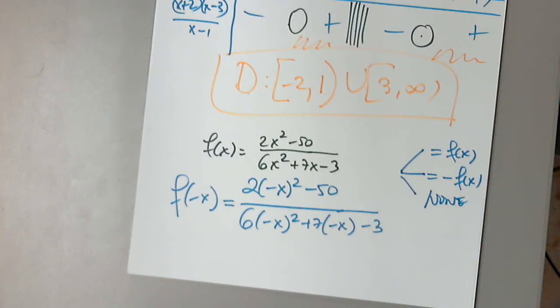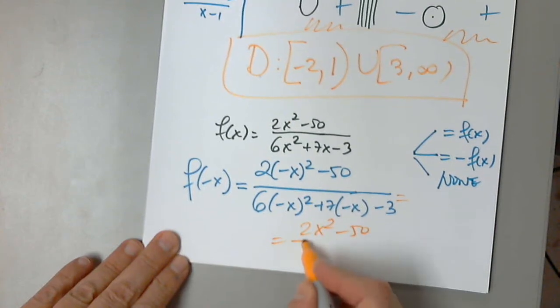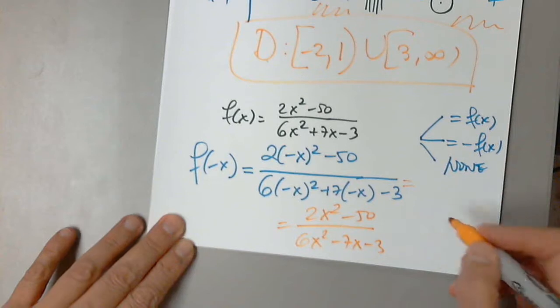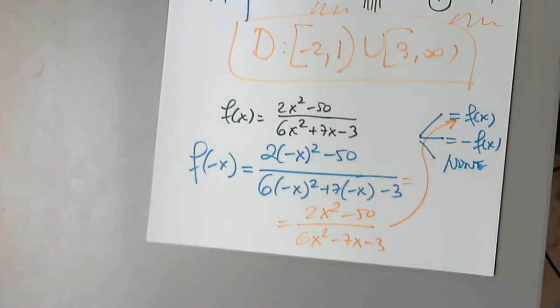So first I have to clean it up and get rid of these negative x squared, because this will be 2x squared minus 50, and the denominator will be 6x squared minus 7x minus 3. So is this identical with the original function? Of course not, because the numerator is identical, but the denominator is not. And so once this gets changed into negative, it cannot be the same. Now, would it be the same with the opposite of the function?